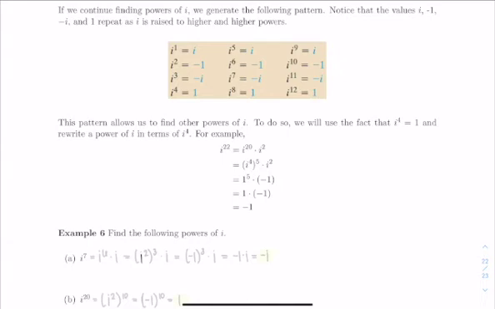So let's go ahead and apply that logic to find other powers of i. We have i to the 7th. We want to rewrite this. I like to go with whatever the closest even number is that's less than it. So in this case, i to the 6 times i. Well, i to the 6 can be written as i squared cubed times i.